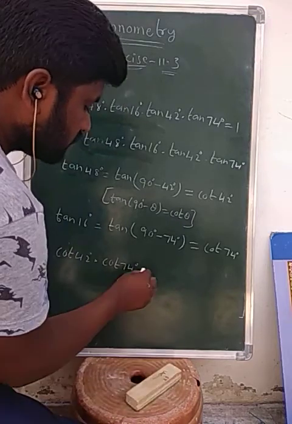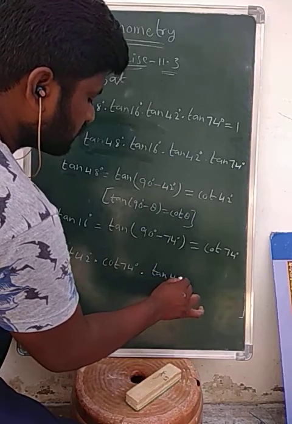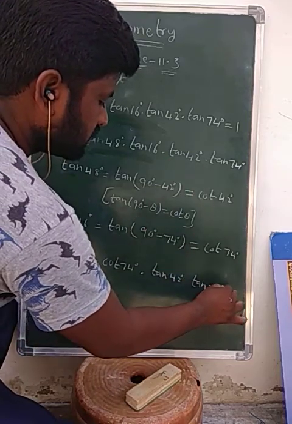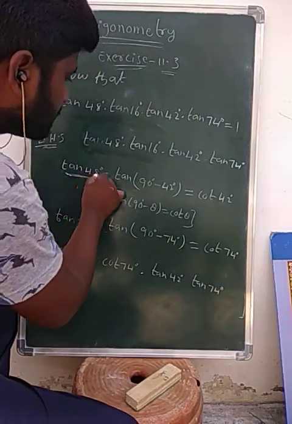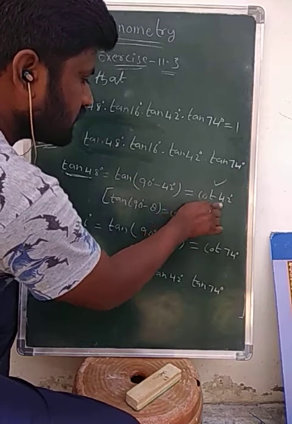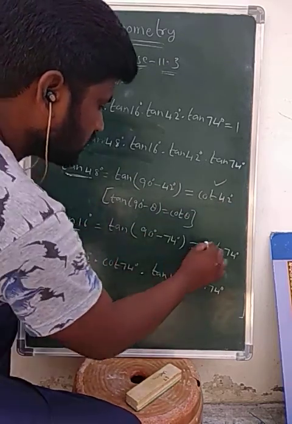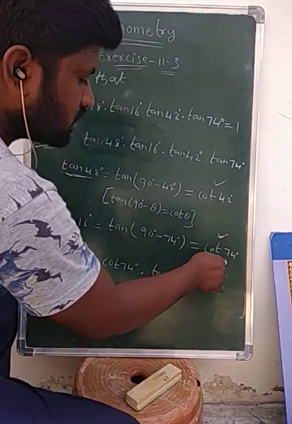Into, as usual, tan 42 is there and tan 74 as usual I am writing. Is it clear, students? So in the place of tan 48 I am going to write cot 42. In the place of tan 16 degrees I am going to write the value cot 74.